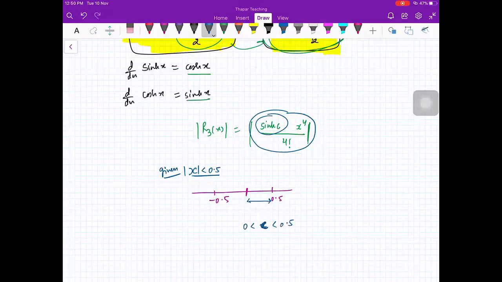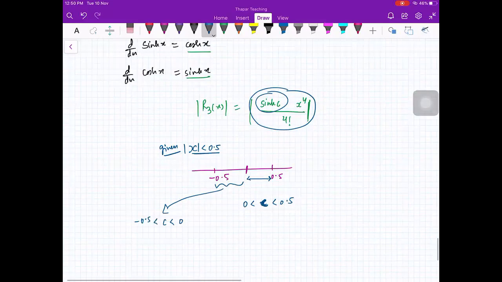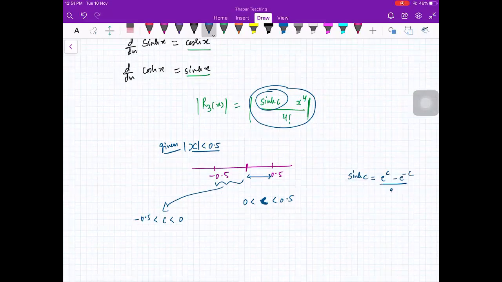If your x is here, then you have c less than 0 and greater than minus 0.5. Is that okay? Clear? Now you want to compute sin hyperbolic c, e raised power c minus e raised power minus c upon 2. I want a bound, I want to see what is the maximum value. Because this is a positive number, for sure this is less than e raised power c by 2.